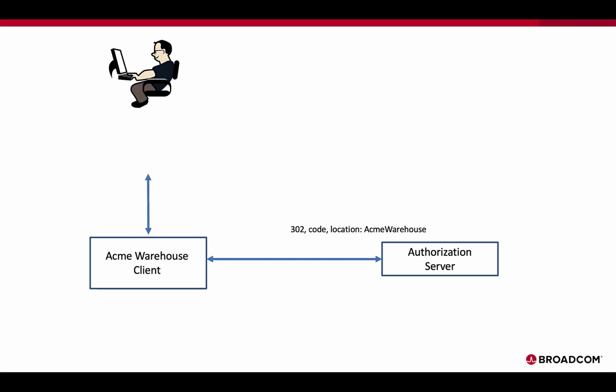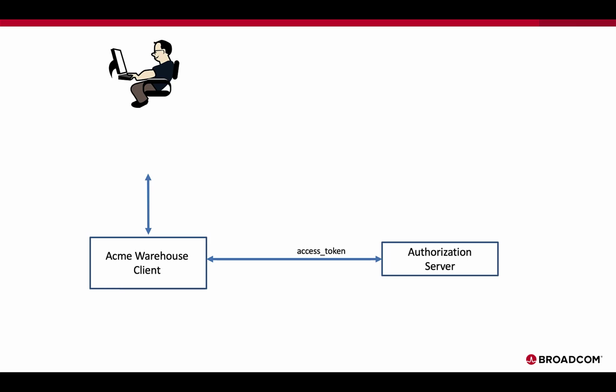The client then receives the authorization code and proceeds to send it with its client ID to the authorization server in exchange for an OAuth access token. Now in this flow, the authorization code flow, the Acme Warehouse client was never presented with the end user's credentials. Provides a bit more sensitivity and safety than some of the other grant types that we'll explore.